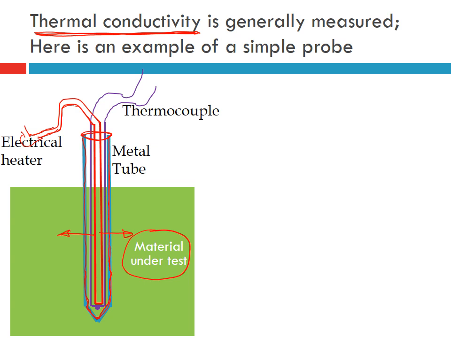So if it is a highly conducting material, then heat from inside is going to quickly get out. On the other hand, if it is a very insulating material, then heat cannot get out as easily.